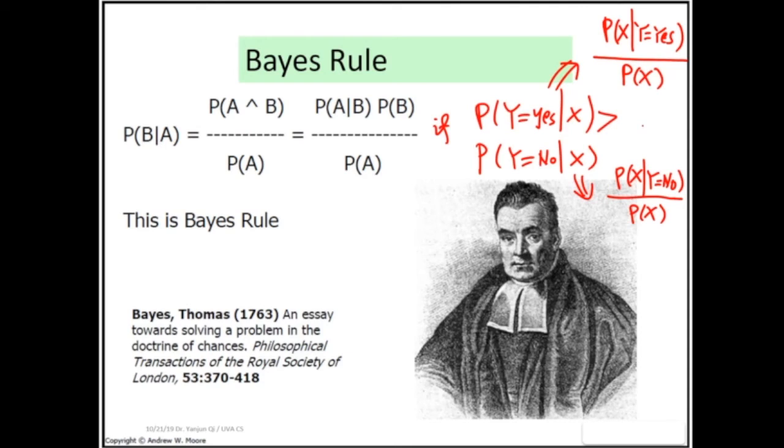So then we're going to, y predict is yes. And this is exactly the philosophy behind the generative-based classifier. The generative-based classifier is trying to estimate x conditional on each possible class output.